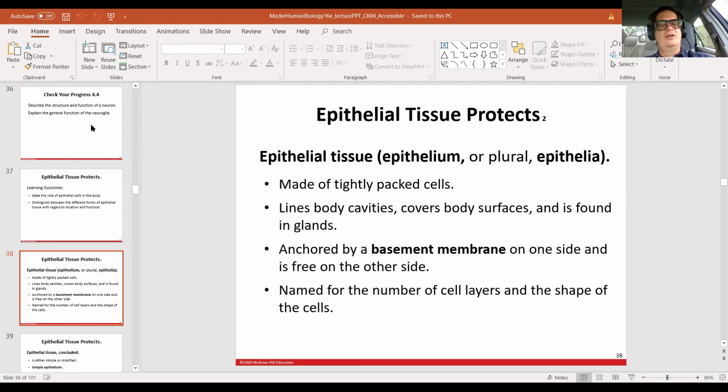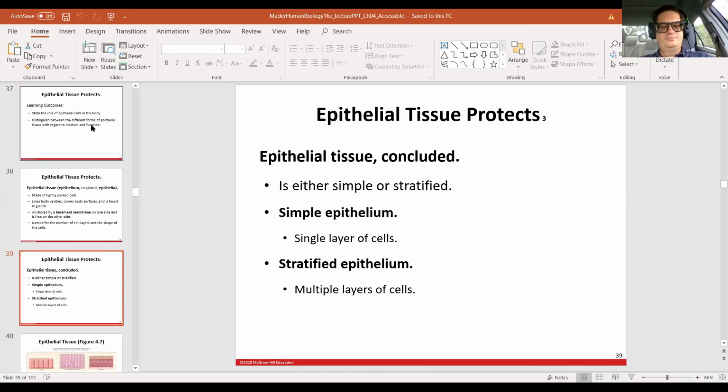The SQ can remind you it's squashed flat. Those would be really flattened cells. Your outer layer, your skin is full of squamous cells. We'll talk about why in a bit. If a cell is shaped kind of like a Rubik's Cube, we say it is cuboidal. All right, moving on.